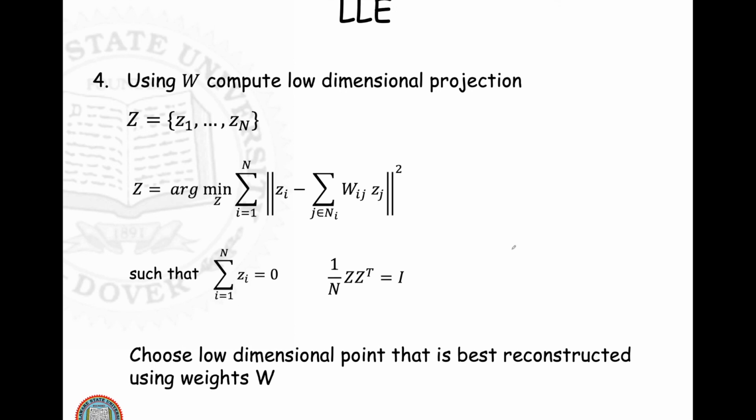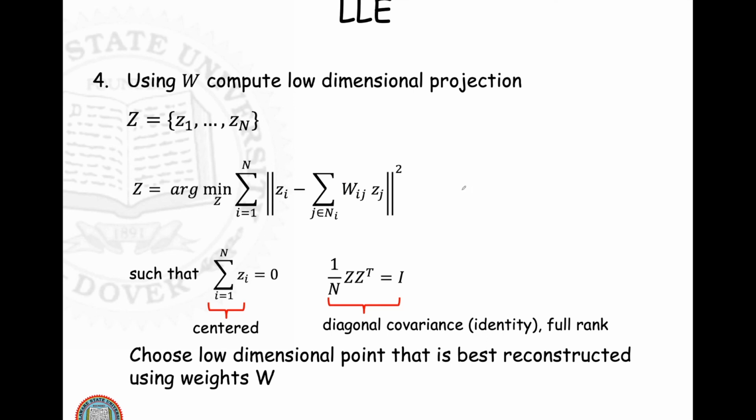So now we're going to choose a low dimensional point that is best reconstructed, that satisfies this equation, the reconstruction error, given the same curvature measurements, the reconstruction weights that we solved from the original data. We're going to choose our new value for each data point such that we minimize the reconstruction error, respecting the same curvature that we calculated when we had our original data in our original representational space in D dimensions.